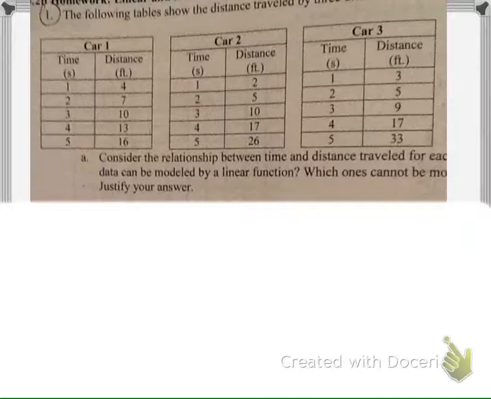From 4 to 7 is 3, 7 to 10 is 3, 10 to 13 is 3, and 13 to 16 is 3. So I know that that's a constant rate because I can do 3 divided by 1, because all the carets on this set are 1, and I end up with 3.